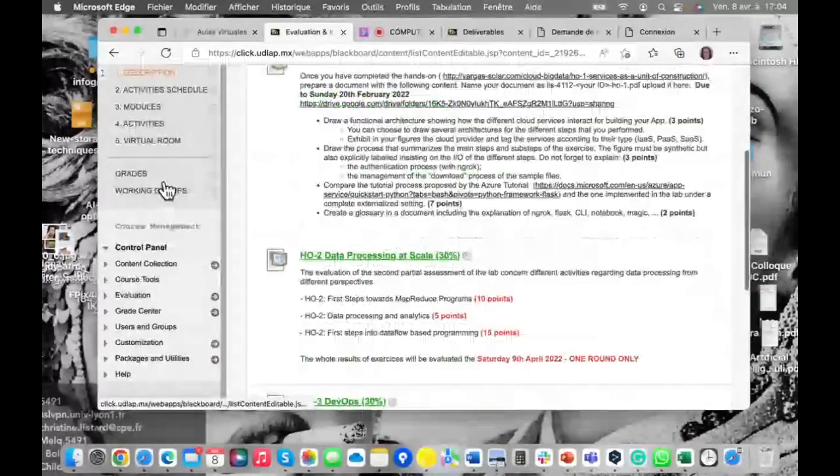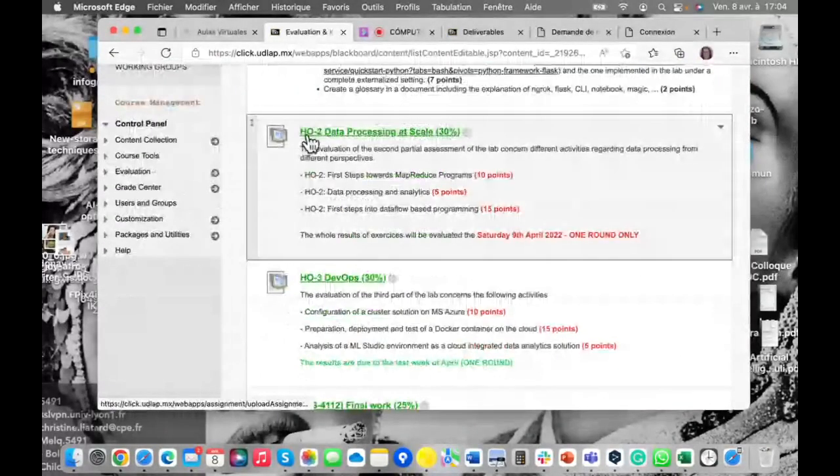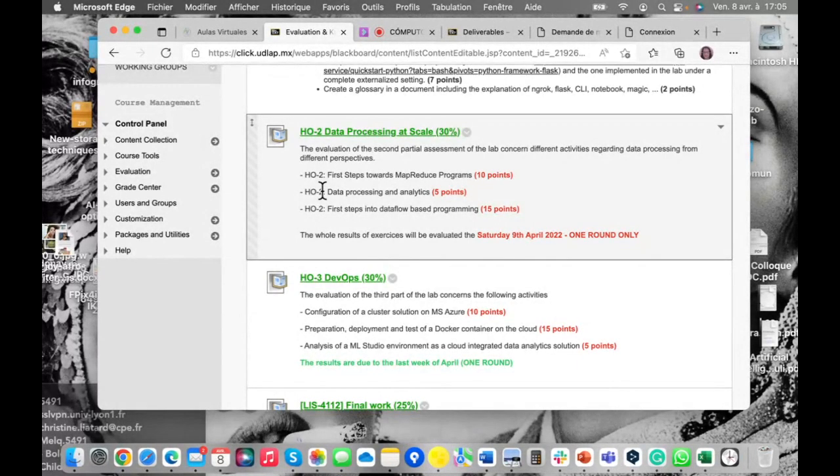So in evaluation and knowledge control, you will see that there's an HO2 data processing at scale that is worth 30%, so 30 points. You have already done a big bunch of the activities related to this block. You have already done something about the first steps towards MapReduce programs, also data processing and analytics.